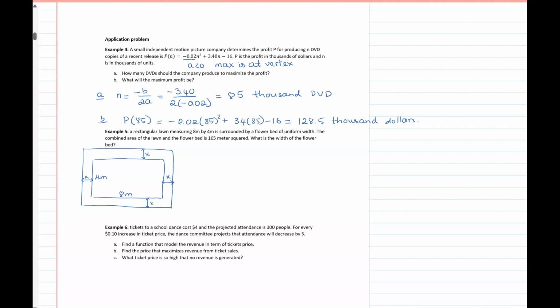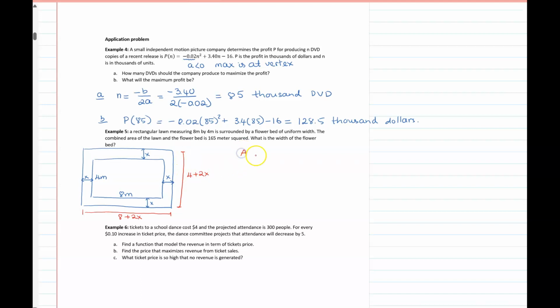The combined area of the lawn and the flower bed is 165 square meters. To calculate this area, we need to figure out the width of the lawn and the flower bed combined. So this is 8 plus 2x, and in this direction, it is 4 plus 2x.